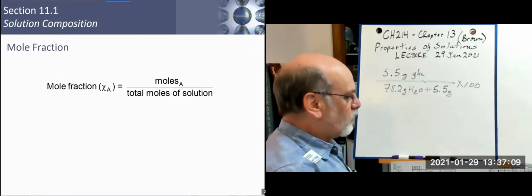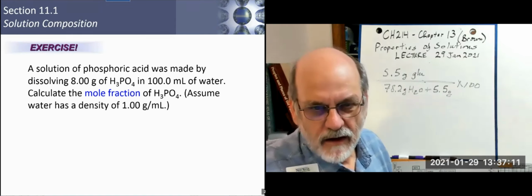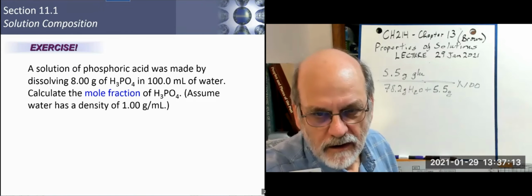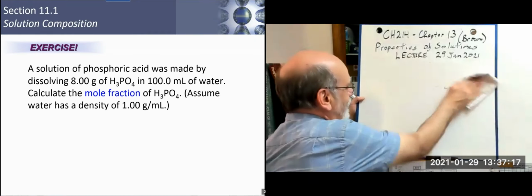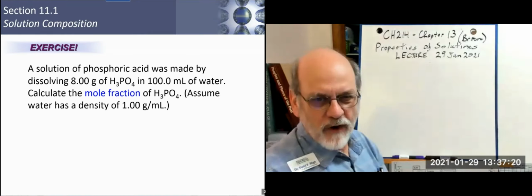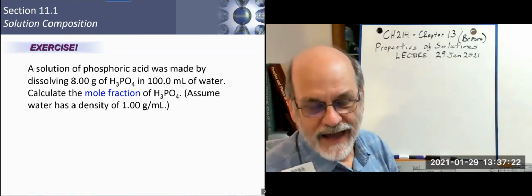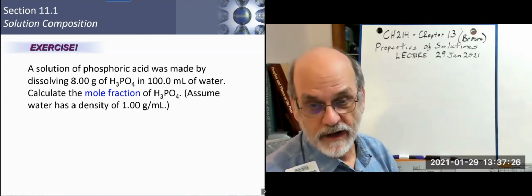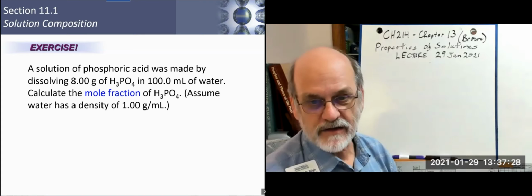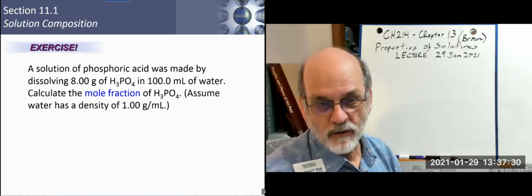Okay, mole fraction. Let's see, are they going to give us a problem to work? Yeah, okay. Mole fraction. A solution of phosphoric acid was made by dissolving 8 grams of H3PO4 in 100 milliliters of water. Calculate the mole fraction of H3PO4.